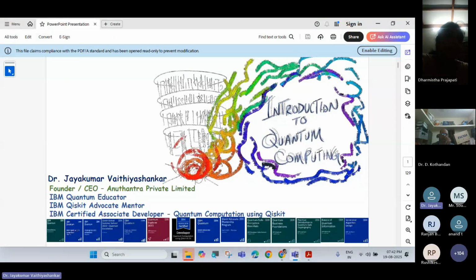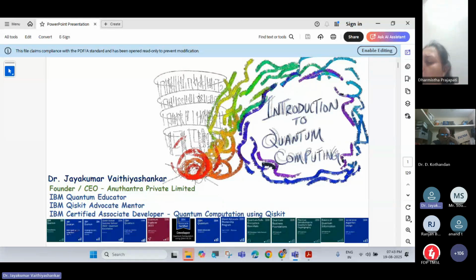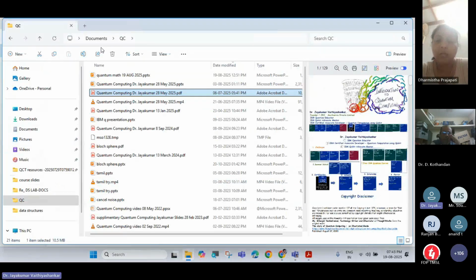And today we're going to see about introduction to quantum computer. We are about to create basic quantum circuits. So this is our given topic today. I hope every one of you understands what a quantum computer is and how it works. Even so, I want to show you an image in order to understand how it works.